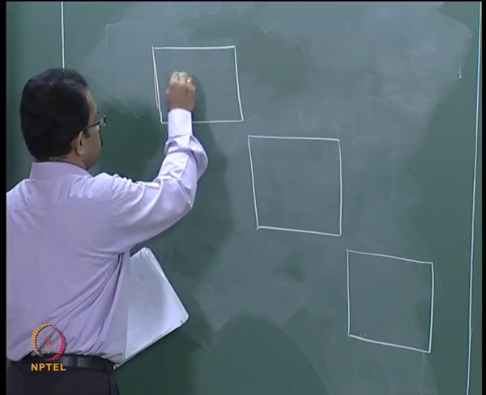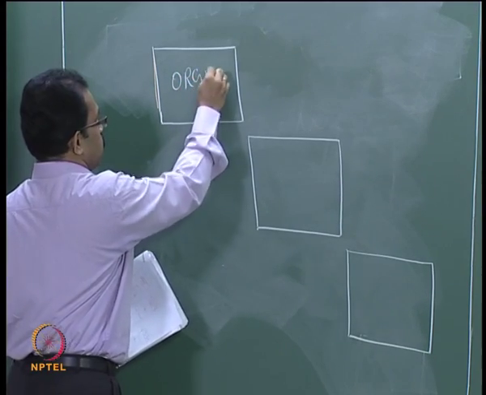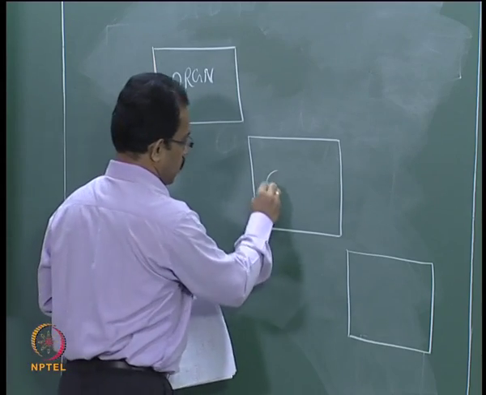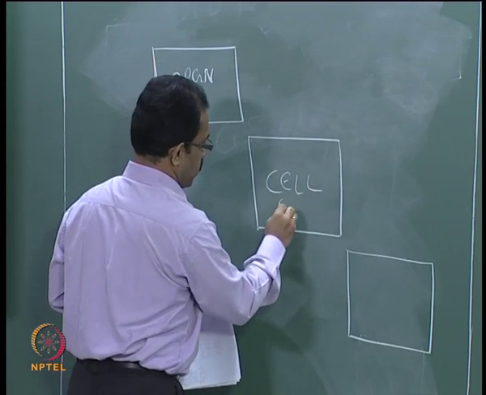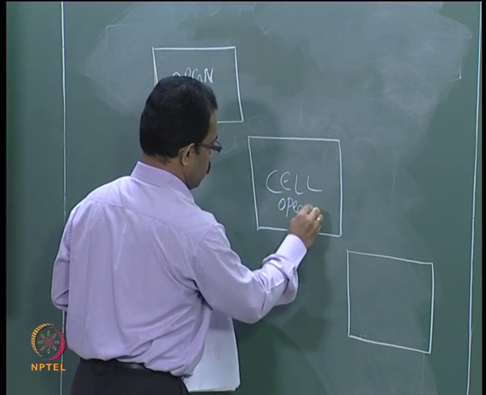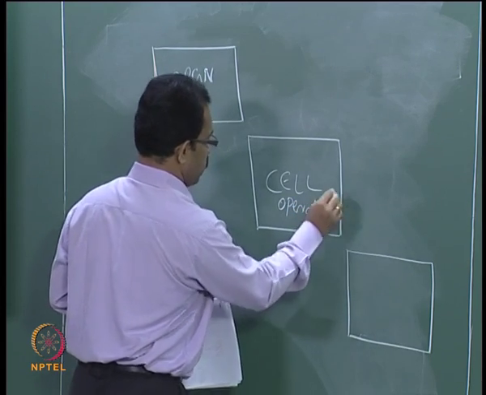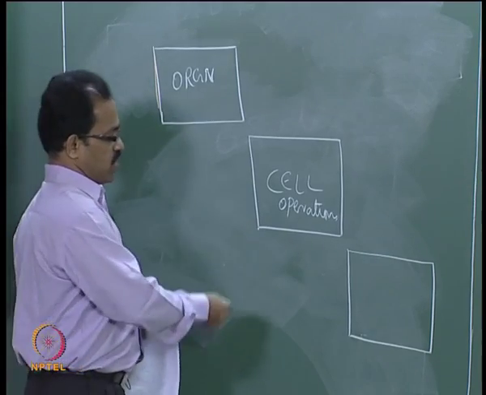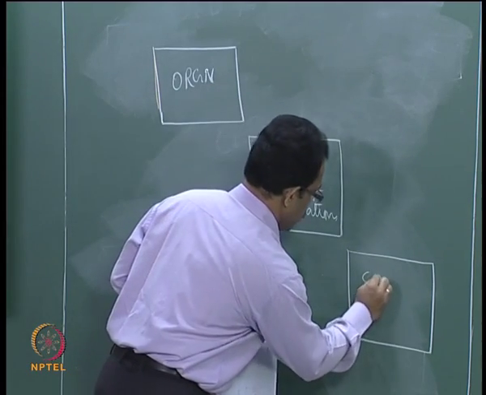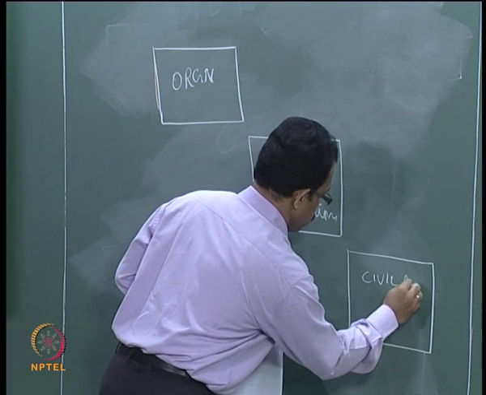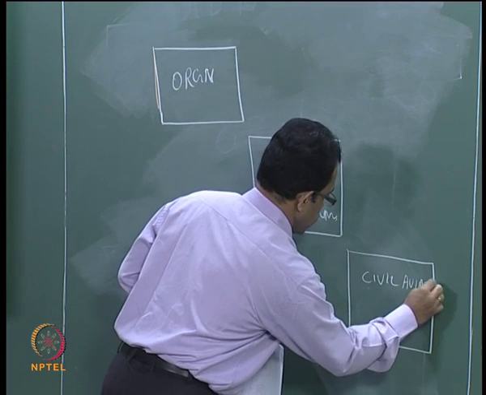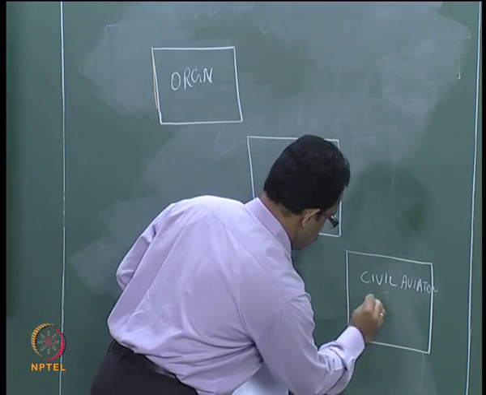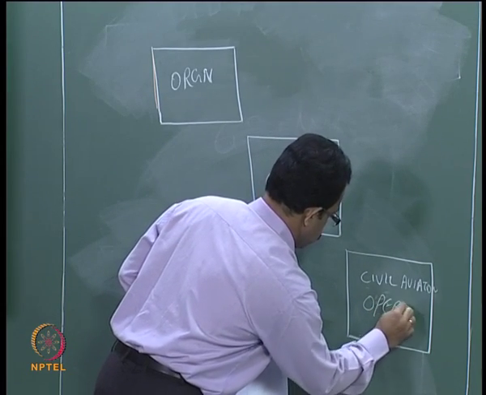So this was the organization which was planning those attacks, and this is the cell operations, basically they call it the sleeping cells, and this was the civil aviation schools or civil aviation training schools or civil aviation operation. I call it a civil aviation operation.